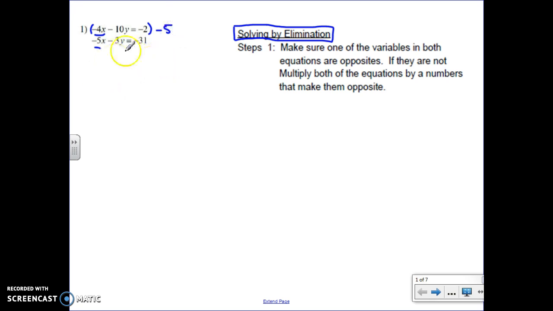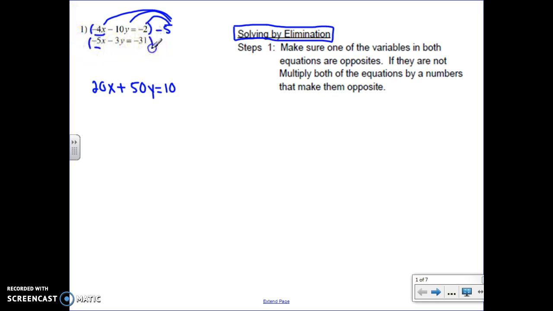Okay? So I'm taking negative 5 through the entire parentheses. What I get is 20x plus 50y equals positive 10. Now, I have a positive 20, so in order for me to cancel it out, this negative 5 needs to become a negative 20. So how do I do that?